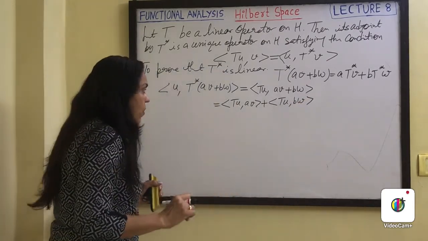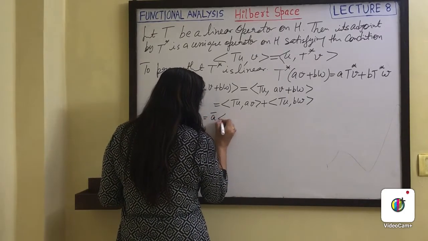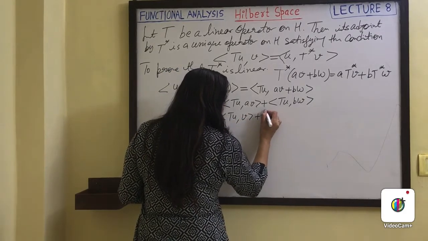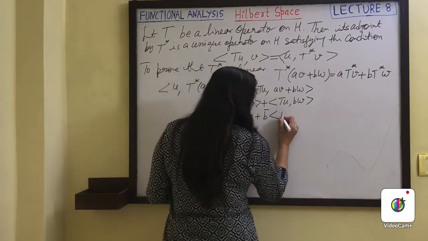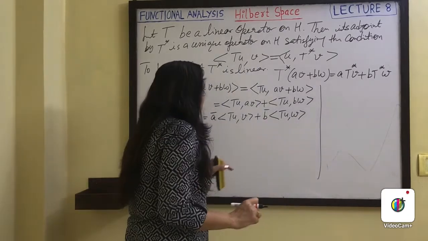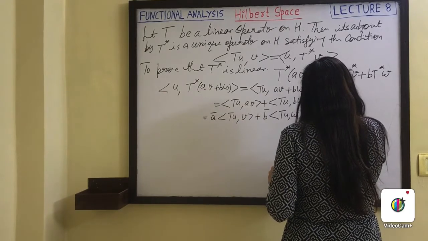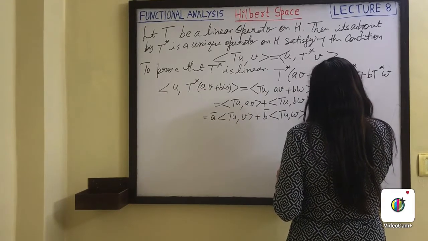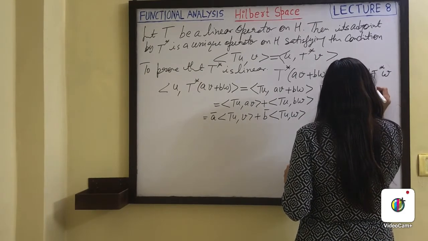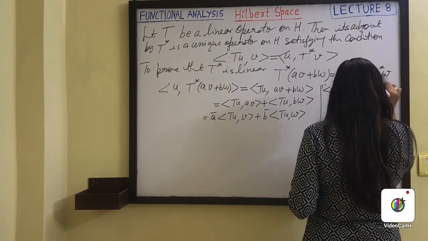And now this A can be written as A bar inner product of T u comma V plus this B, since B is the scalar, T u of W. Now we know that T u of AB is equal to a v comma T u conjugate.